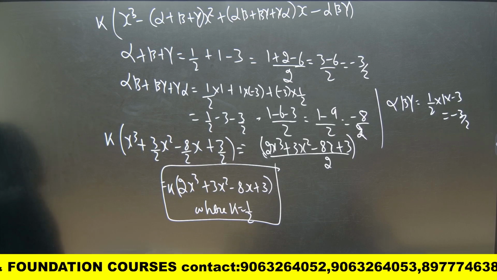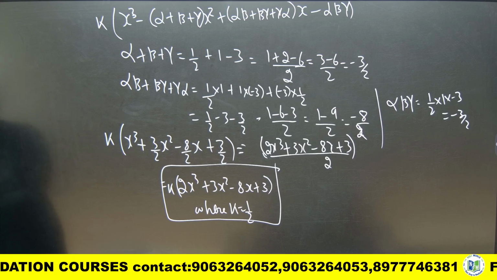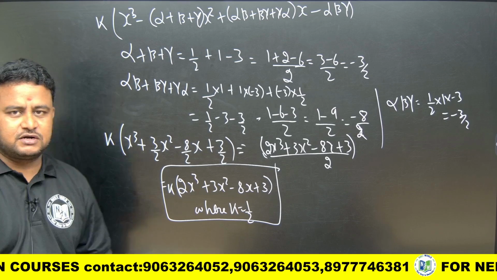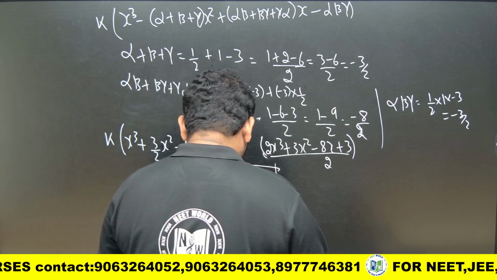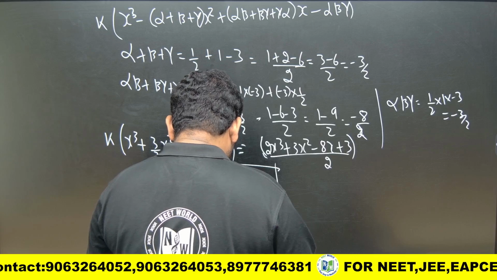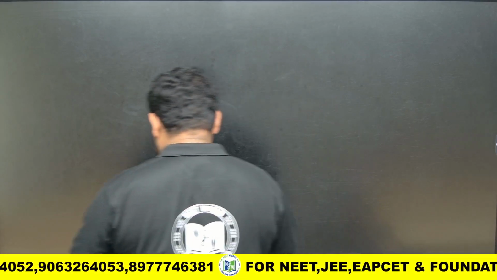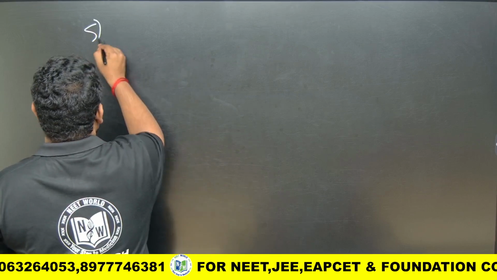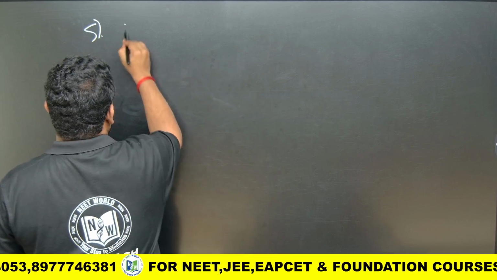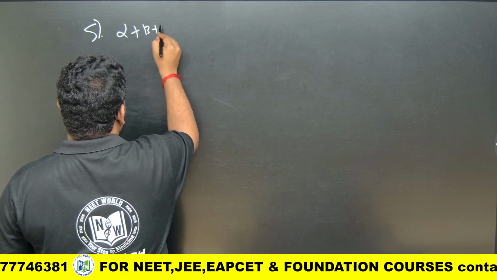Now the next type of questions that they will give is, they will only give the sum of the zeros, the product of the zeros taken two at a time, and the product of the zeros, and they will ask us to find the cubic polynomial. In this type of questions, they are not giving the zeros, they are giving the sum of the zeros, alpha plus beta plus gamma.